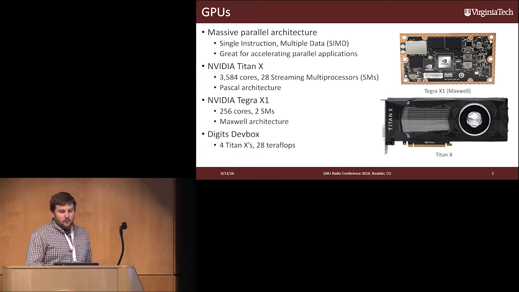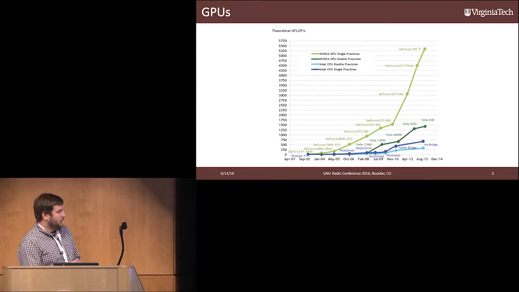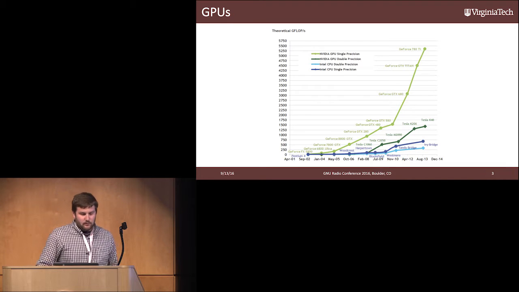This is one of the graphs from the CUDA developer guide, and you can see that the GPU theoretical power has just exploded over the past 10 years. So that makes it a very interesting candidate for acceleration with flow graphs.